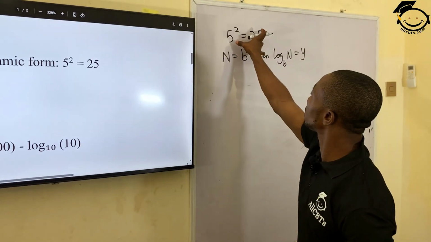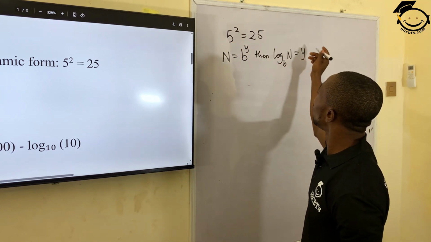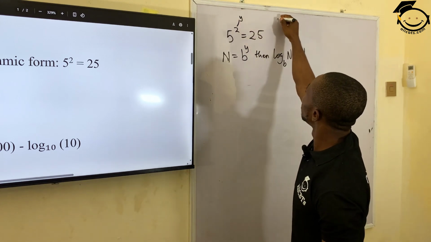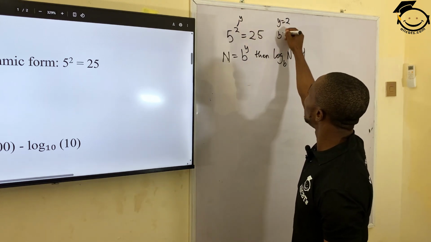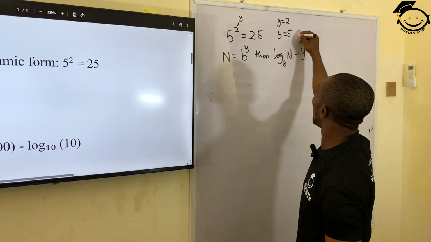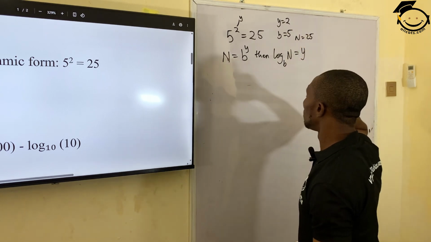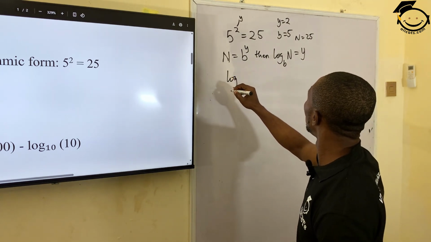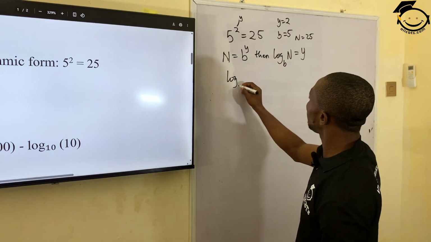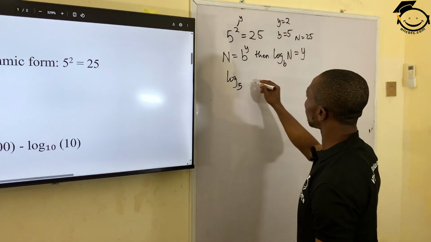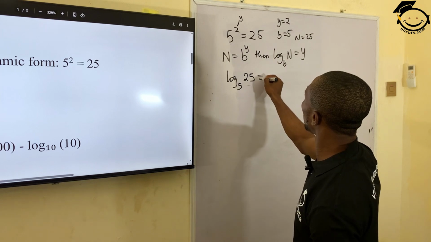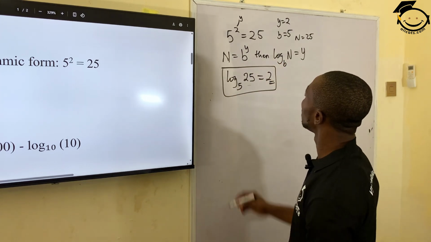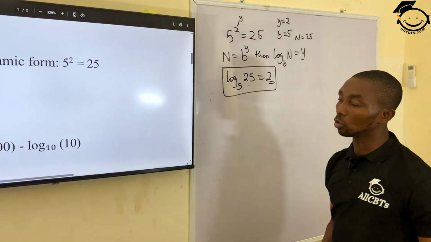So they said we should express this in this form, where our y is 2, our b is 5, and our n is 25. So now, rewriting it in this form will give us log₅25 equals 2. So this is the logarithmic form for that solution.